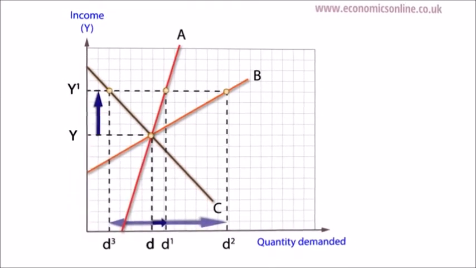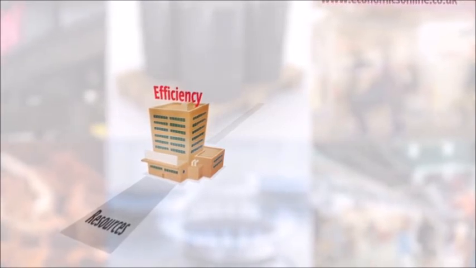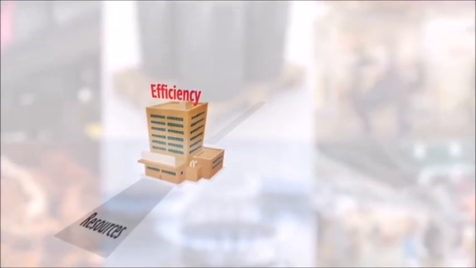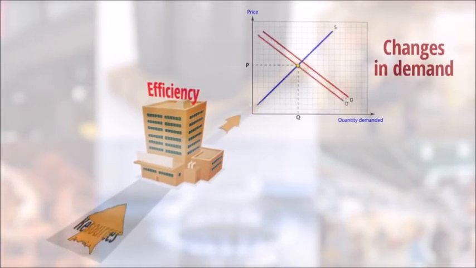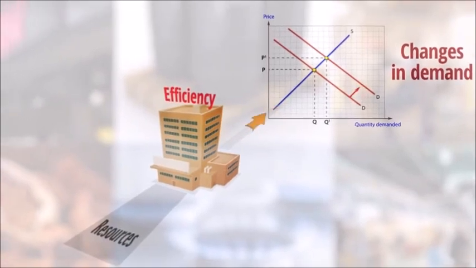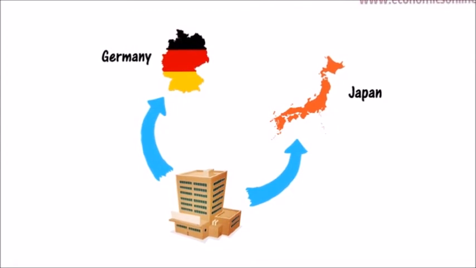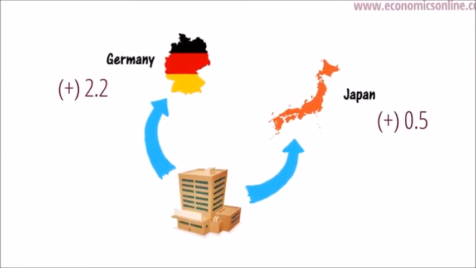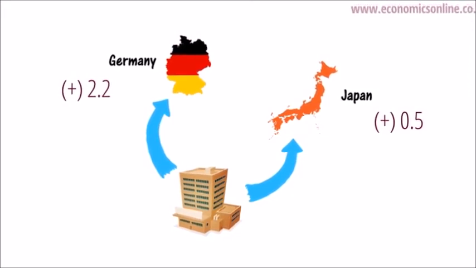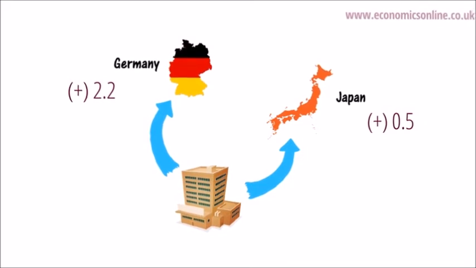Economists are interested in income elasticity because knowing YED helps firms and governments plan their output in such a way that they can respond effectively to demand changes and achieve an efficient use of scarce resources. For example, if a US firm produces a product to be sold in 2 countries, Germany and Japan, and its market research suggests that the YED in Germany is 2.2 and in Japan is 0.5, then the firm can predict sales following changes in consumer incomes in Germany and Japan.